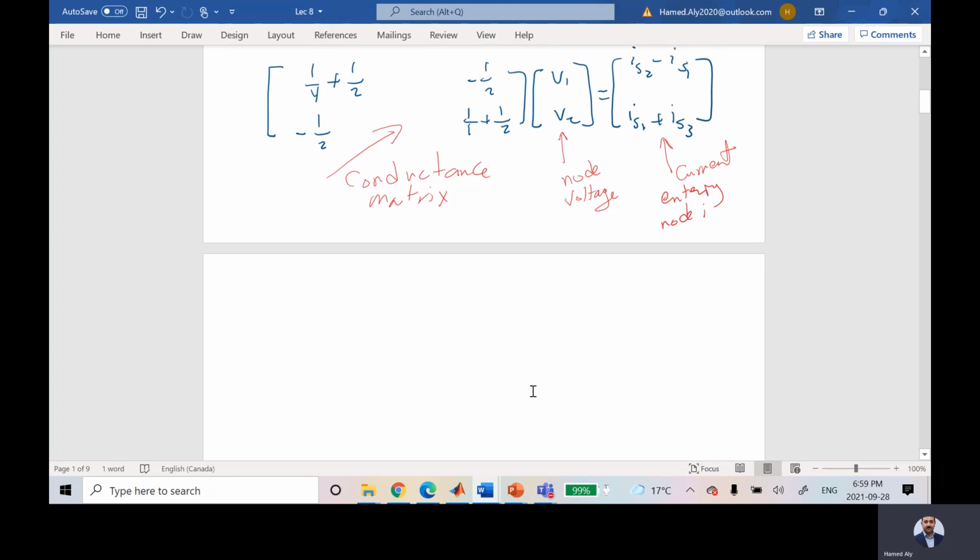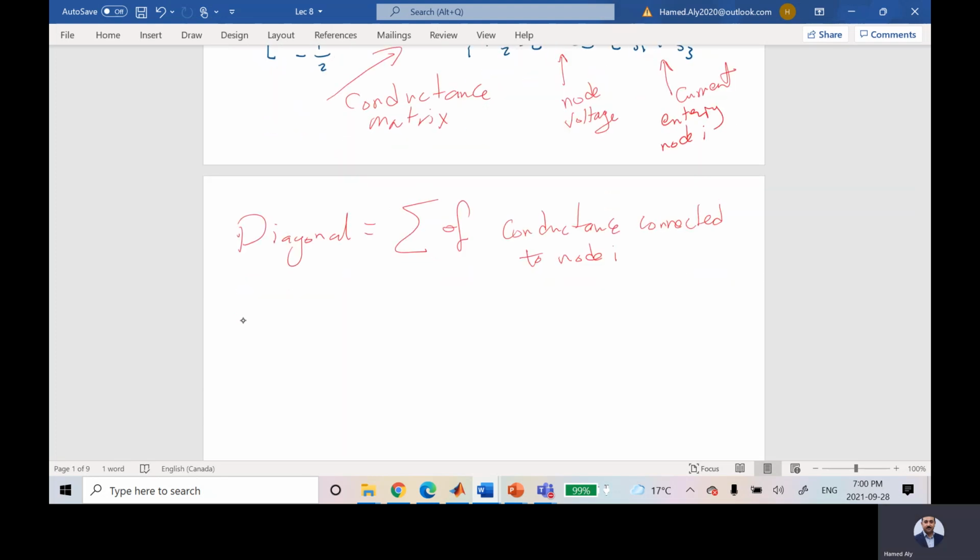So in electric circuits, we call the diagonal elements the summation of conductance connected to node i. Summation of conductance connected to node i. These are the diagonal elements.